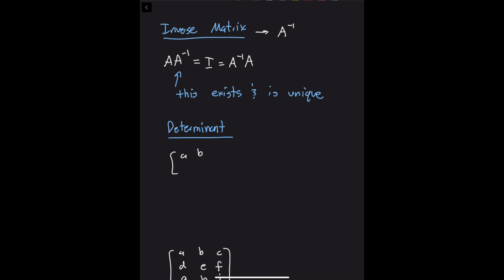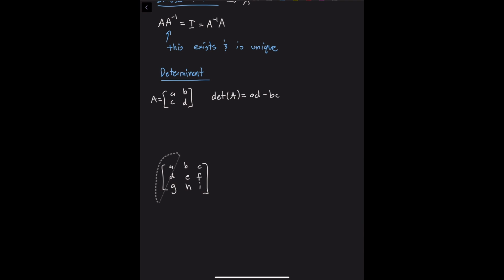So there's an operation called the determinant. It can be kind of related to area in a way. But if this is our matrix, then the determinant of this matrix, so let's call this matrix A, this is going to be AD and then minus BC.